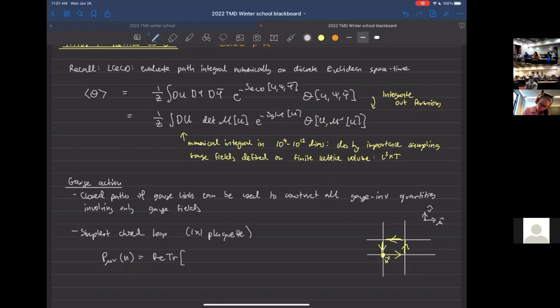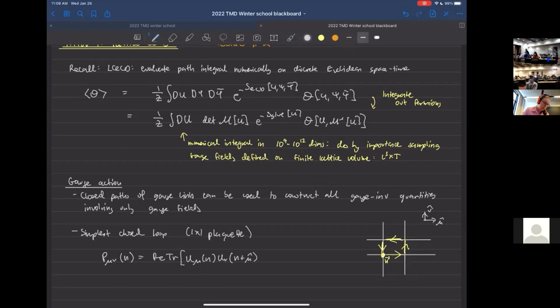We can take the real part of the trace of this link here, U mu, so that's in the mu direction, sitting at site n. So that's this guy sitting at site n, going in the mu direction, that's that way, times U nu, starting at n plus mu hat, that's this link.